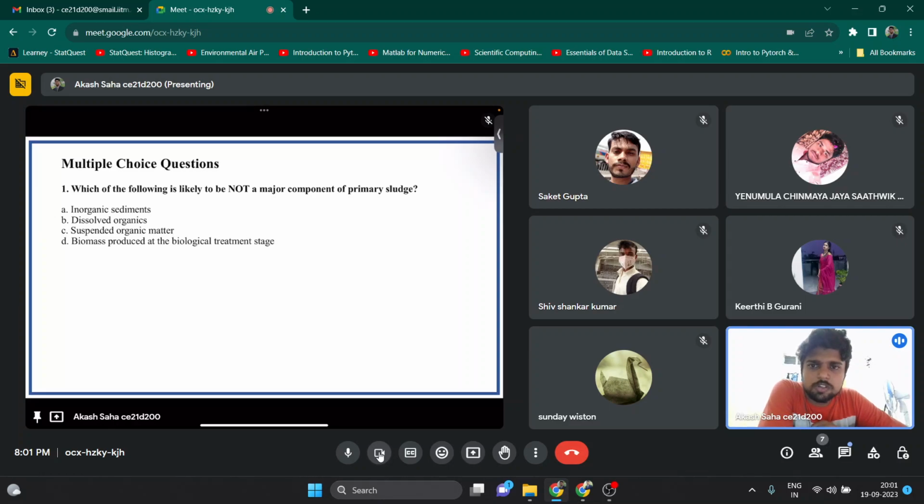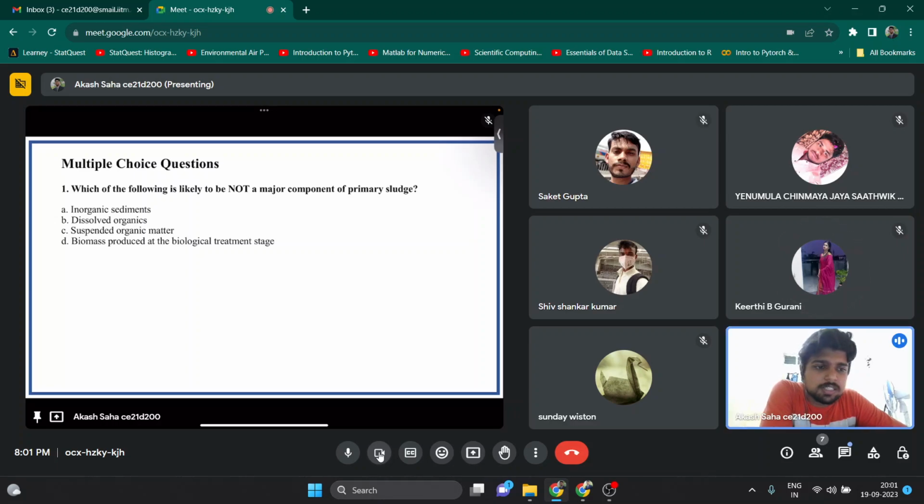So which of the following is not a major component of primary sludge? In primary sludge, what you won't have majorly? Any guesses? You can guess, we can discuss. Inorganic sediments, maybe, sir.